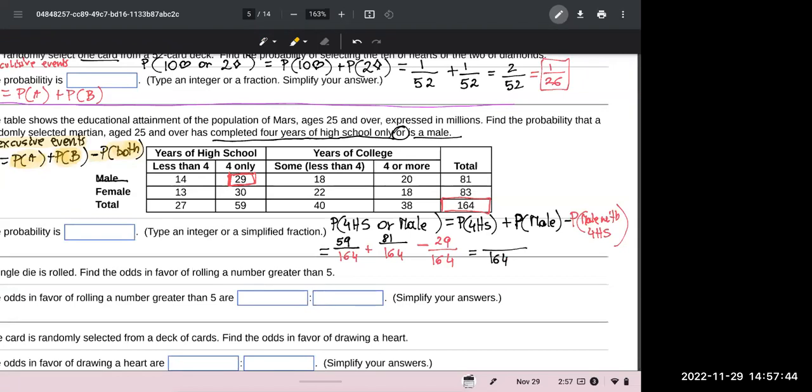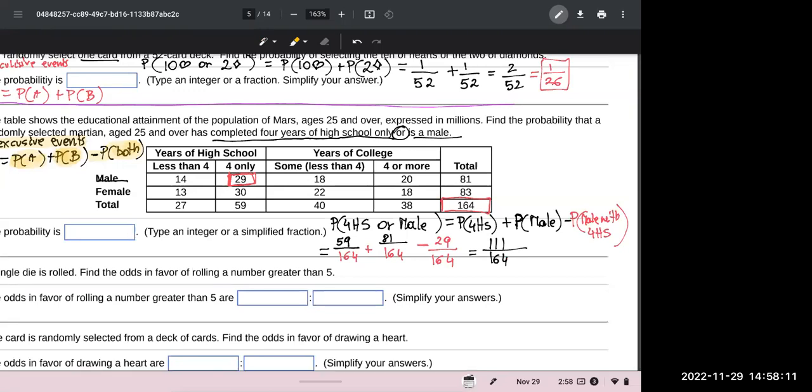And then you have 59 plus 81 minus 29. Let's just calculate that quickly. So we have 59 plus 81 minus 29. So I have 111 over 164.